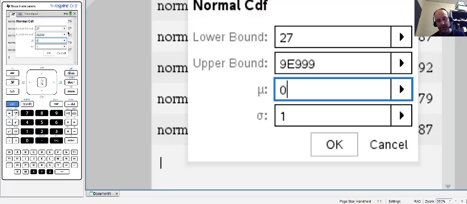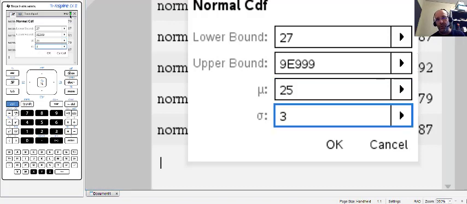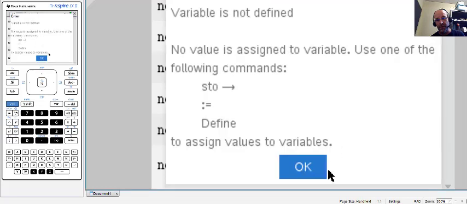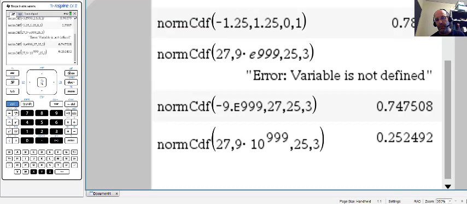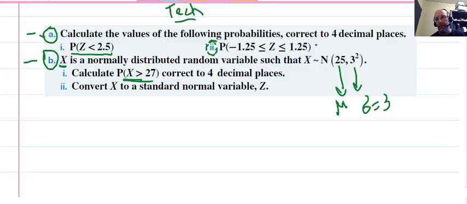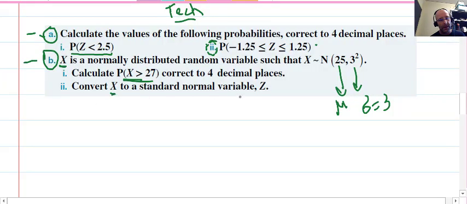And we had 25 and 3 as our mean and standard deviation. And we get 0.2525.